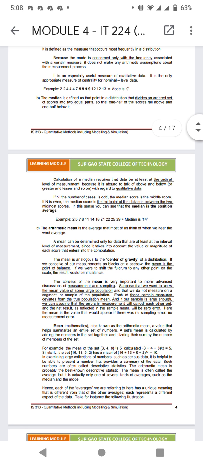Here we have an example: 2, 5, 7, 8, 11, 14, 18, 21, 22, 25, 29. We have 11 numbers. The sixth number, which divides 5 on the left and 5 on the right, is the median, which is 14.